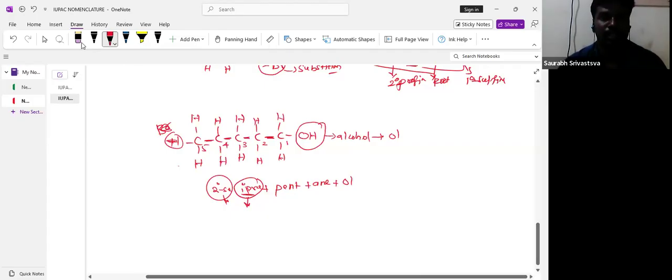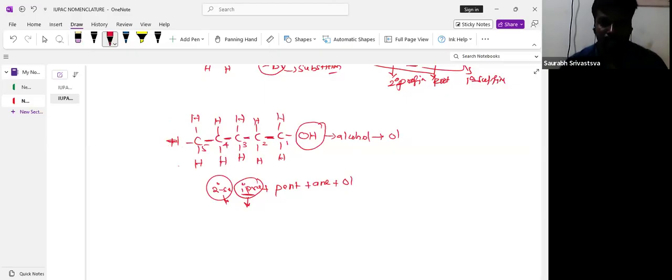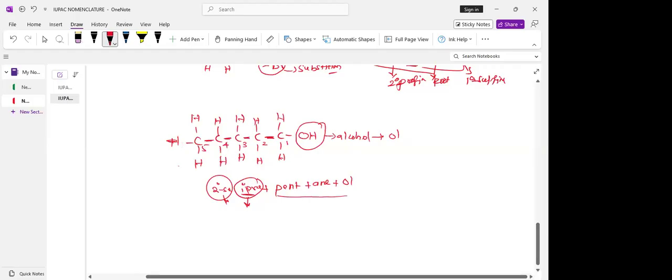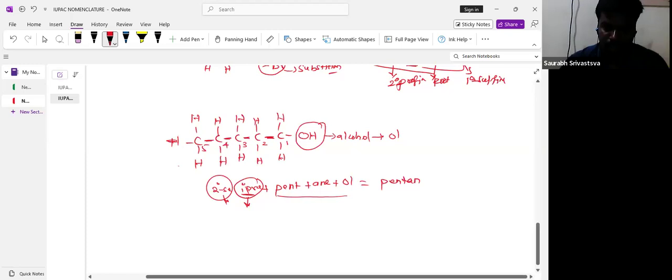Then what is the name of the compound we can write? Directly you have to attach. What is it? Pen. No. Here you have to remove this E, the terminal E, so pentanol.